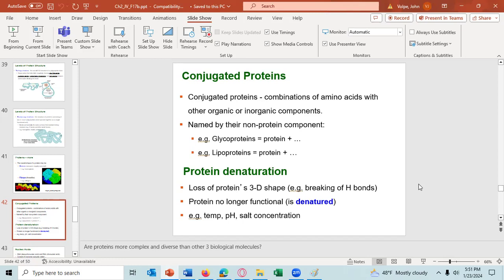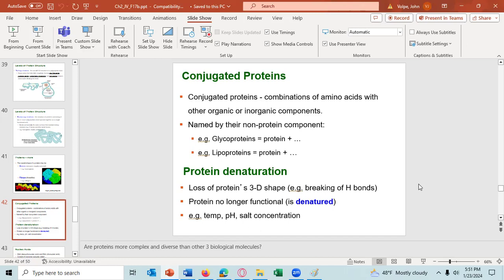All right. Proteins can go through denaturation. Denaturation is when the protein loses its three-dimensional shape. That can happen by breaking hydrogen bonds, but it can also happen when you form hydrogen bonds that shouldn't be there.